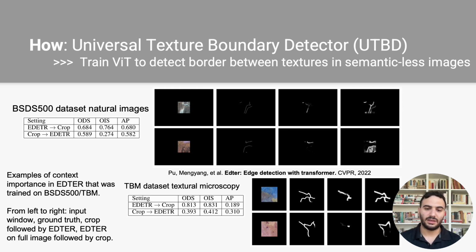In the second setting, we place the randomly cropped window in the center of an otherwise completely black image, and then run IDETER. In both cases, we used IDETER, which was trained on the training set of BSDS 500 and tested on the images of the test set. As can be seen, context plays an important role in the algorithm's performance.